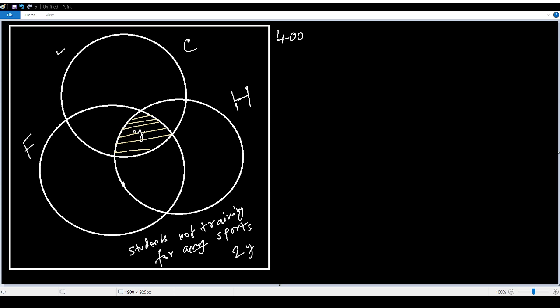Fine. Number of students who are training for football and exactly one other sport is 120. So that means, people who are training for only football.